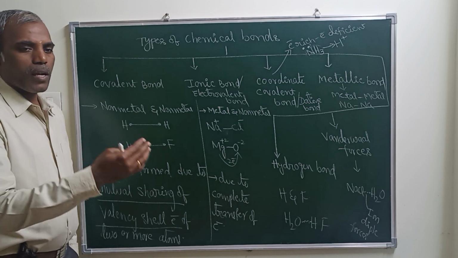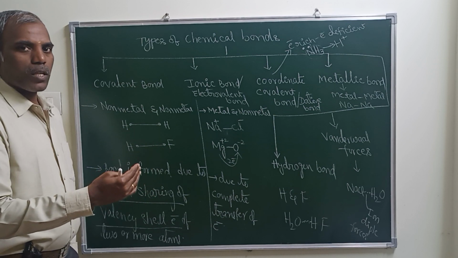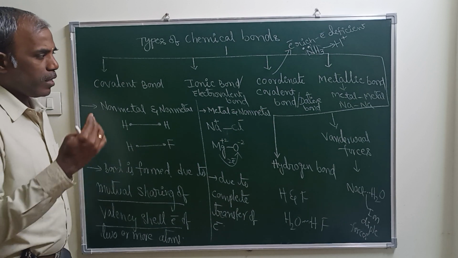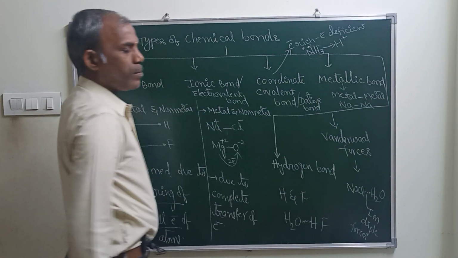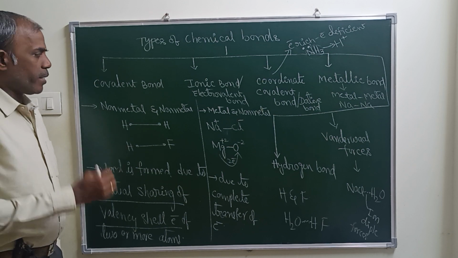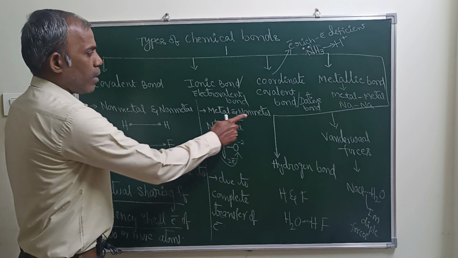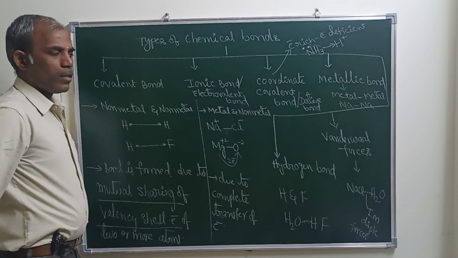Metallic atoms, the bond between those two, that is metal and metal, is metallic bond. Non-metal and non-metal, covalent bond. Metal and non-metal, ionic bond.